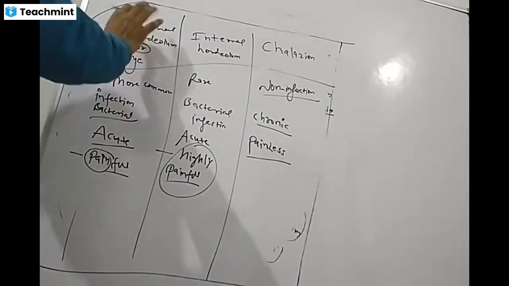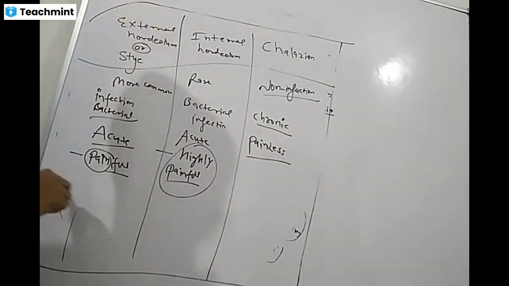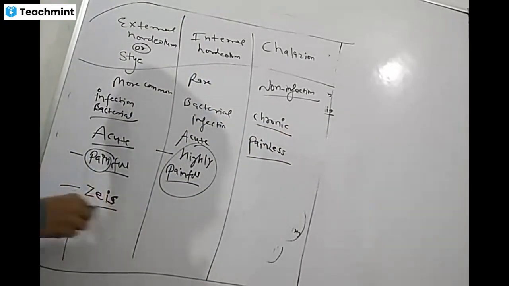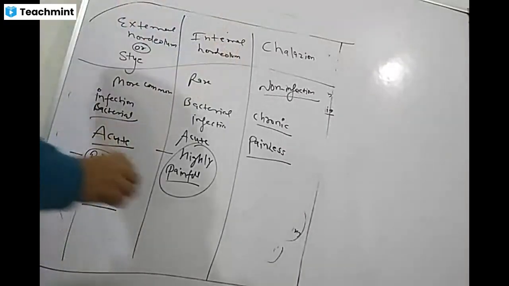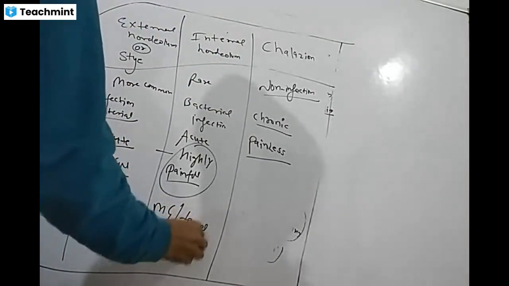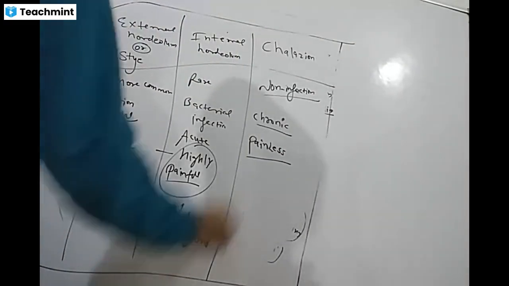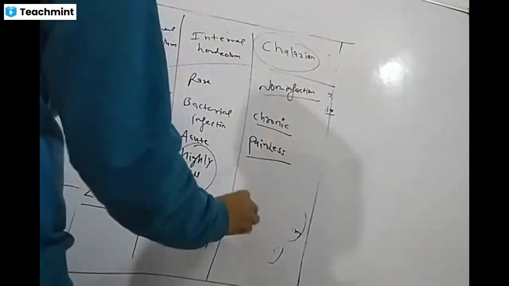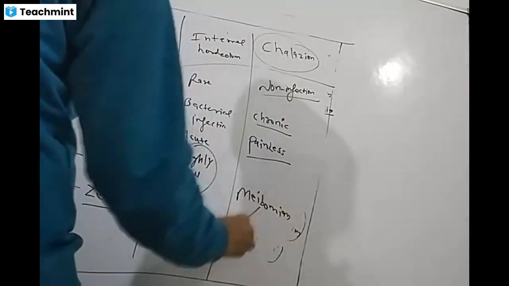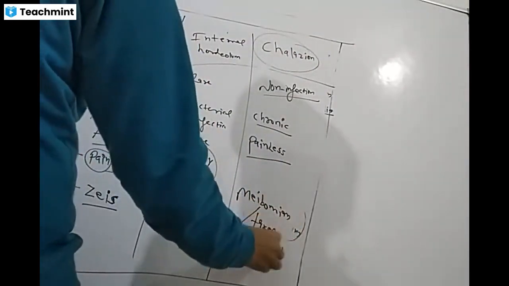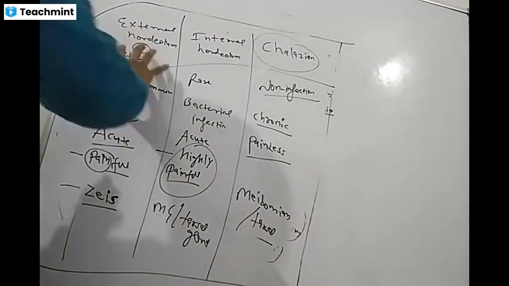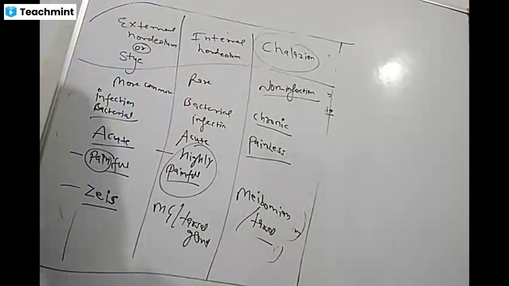The gland infected in external hordeolum is the gland of Zeis. In case of internal hordeolum, it is the meibomian or tarsal gland. In case of chalazion, the gland involved is also the meibomian or tarsal gland. So these are the differences between these three.